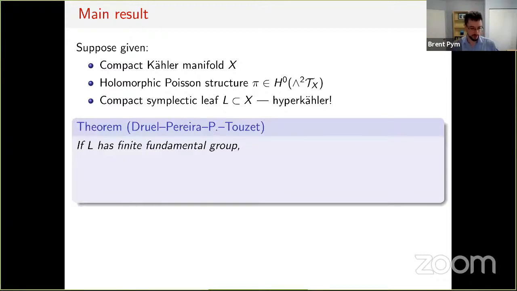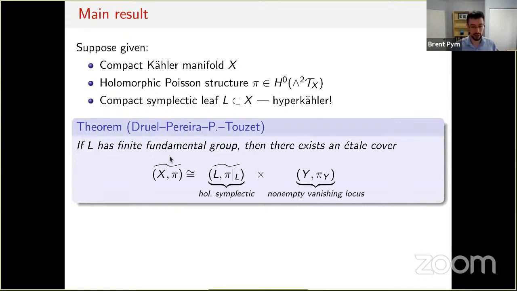Okay, so here's the theorem, which we proved. The theorem says that given this data, if you assume that this compact symplectic leaf L has a finite fundamental group, then after passing to a finite étale cover, the Poisson manifold decomposes as a product of a symplectic thing, which is a covering of the symplectic leaf, and some other compact Kähler manifold with a Poisson structure that vanishes at least at one point.